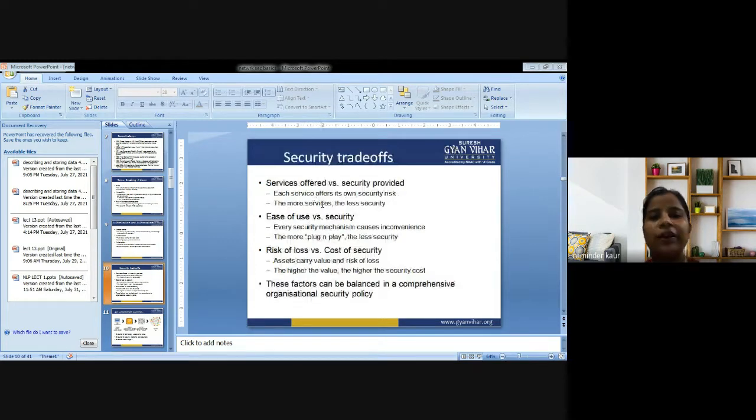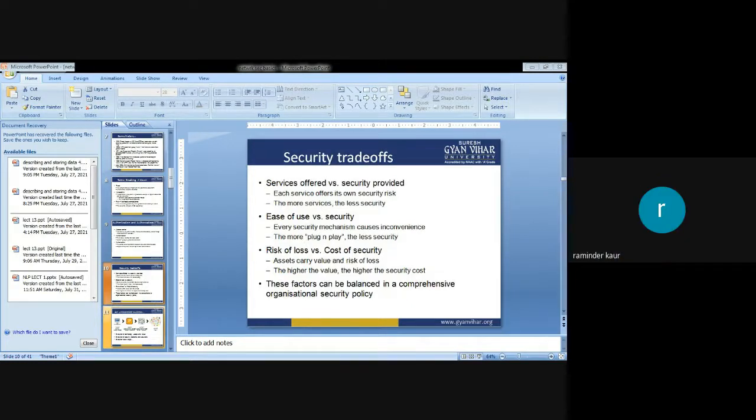Next is security trade-off. What is security trade-off? If we are talking about security trade-off, it could be services offered versus services that are already provided.